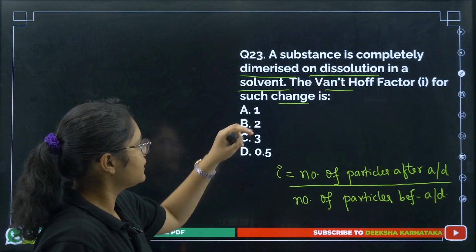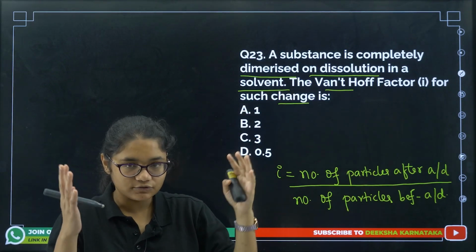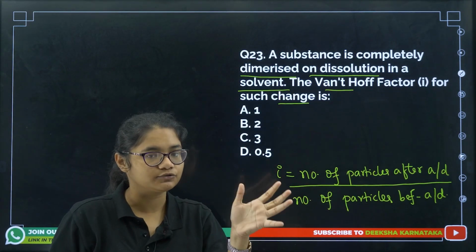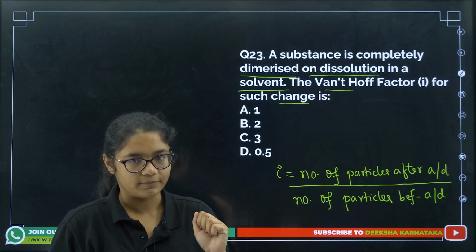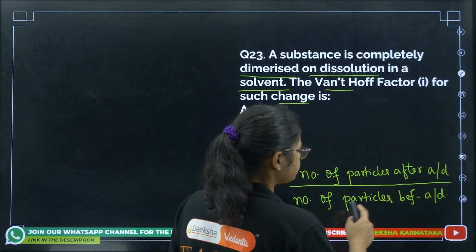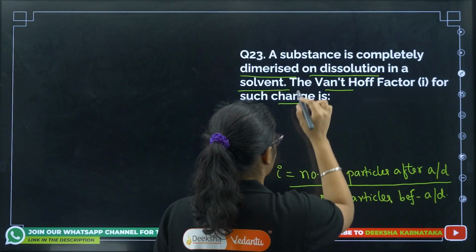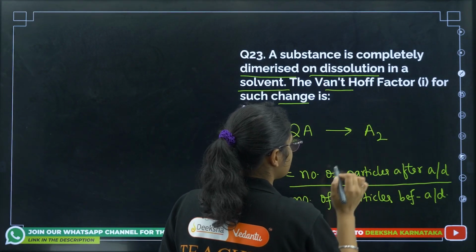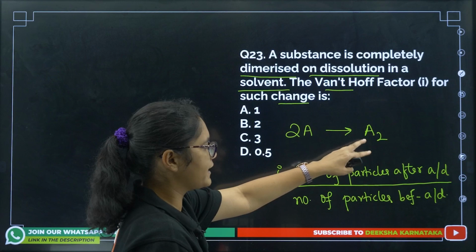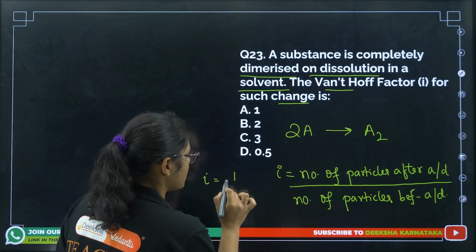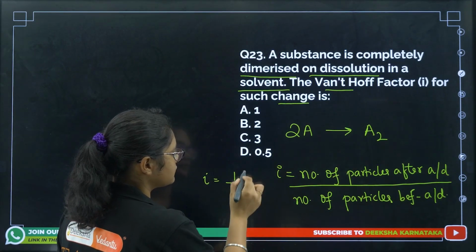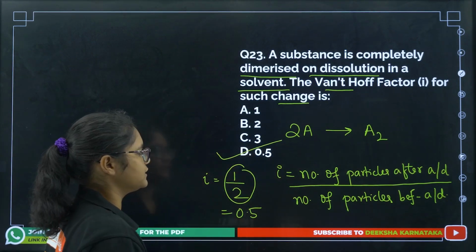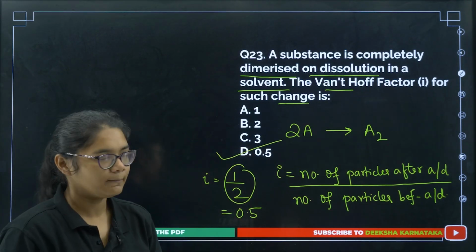Now what is happening? It has undergone dimerization, meaning two particles became one particle. Suppose 2A was there, now it became A2. The number of particles after the reaction is 1, and before it was 2. So what is the i value? The i value is 0.5. The correct answer for this question is option number D.